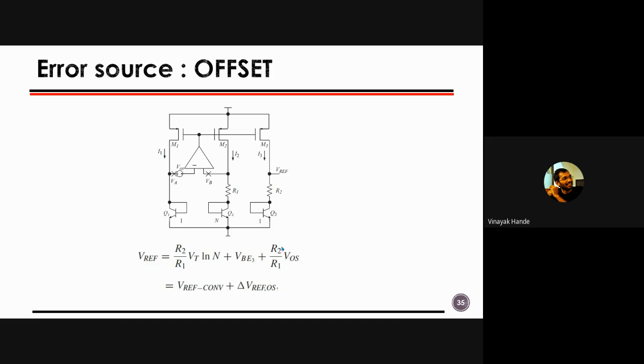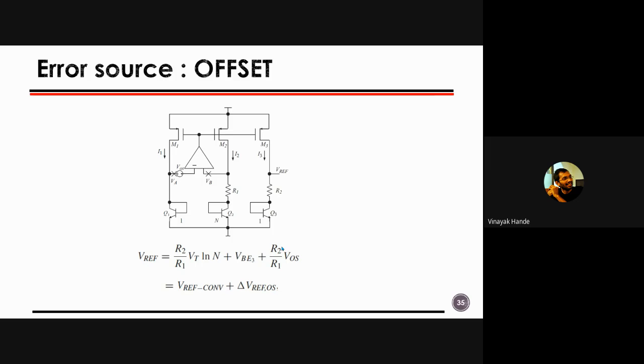A 10 millivolt offset is very much possible in any technology node, even if you design it with a lot of care. So considering S value equal to 11 and offset value around 10 millivolt, 10 millivolt into 11 is nothing but 110 millivolt. It's a huge value, right?